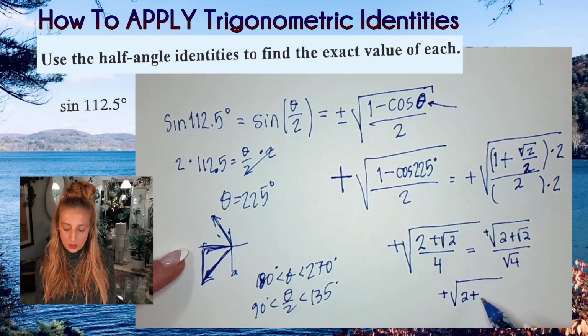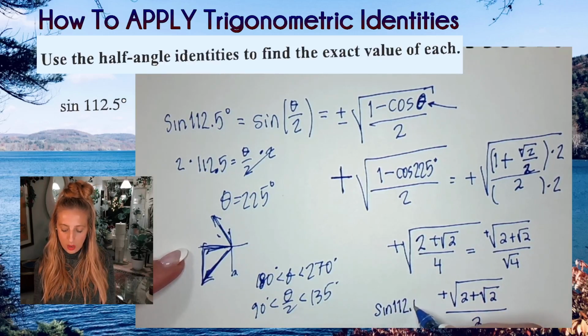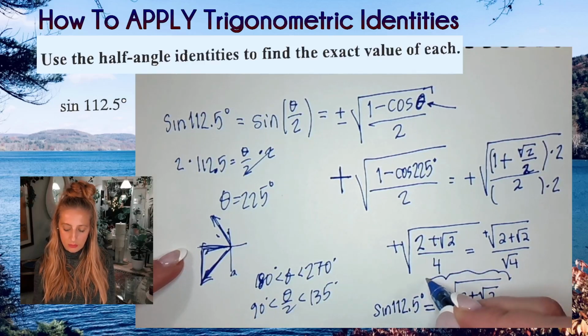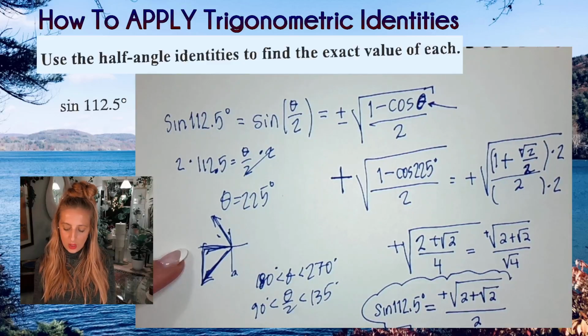So it's the positive square root of 2 plus root 2 all over 2. And that is the sine of 112.5 degrees. There we go.